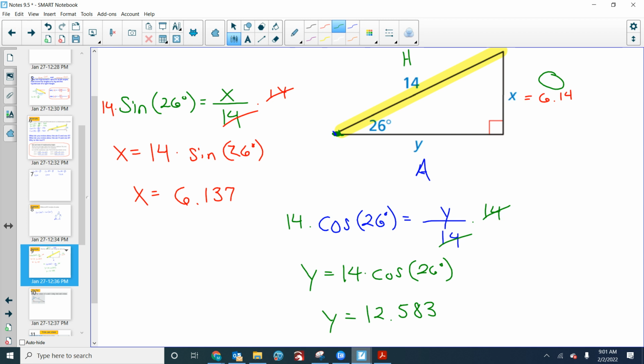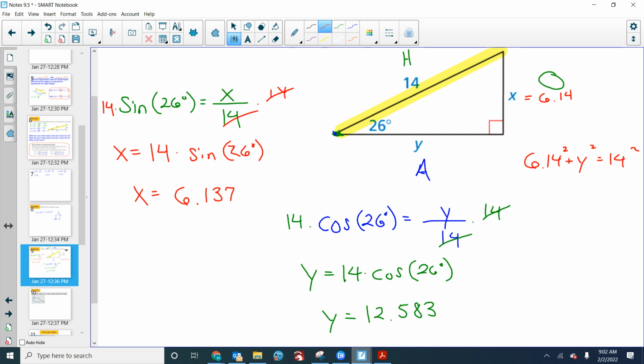Yeah, but once we found 6.14, if we wanted to find y, so after Preston found x is 6.14, and we knew the hypotenuse was already 14, could I do this? 6.14 squared plus y squared equals 14 squared.